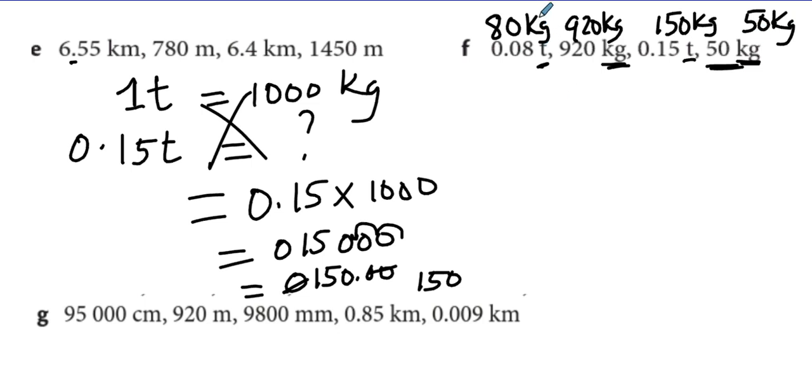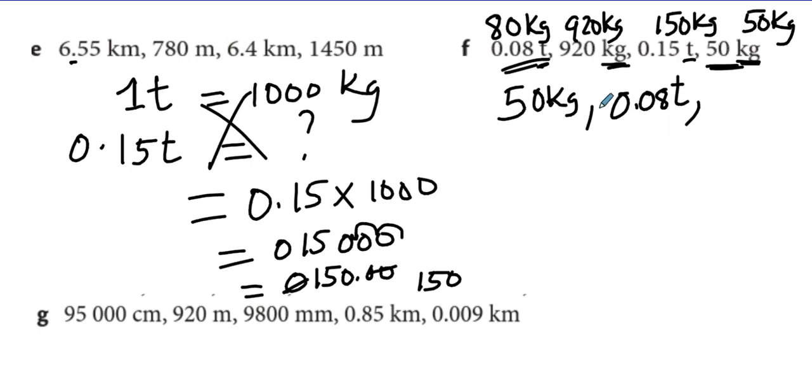So since we already have the same units, which are the kgs, now we are in a position of telling which one is the smallest of all. Okay, so take a good look here. The smallest of all is 50 kg. So you write here 50 kg. And the next smallest will be 80 kilograms, which is 0.08 ton.